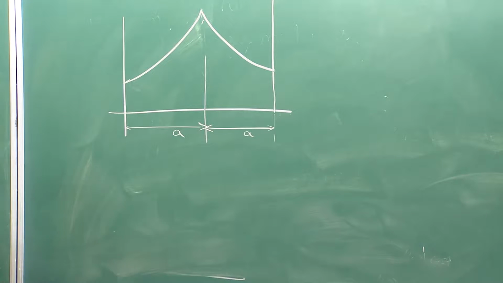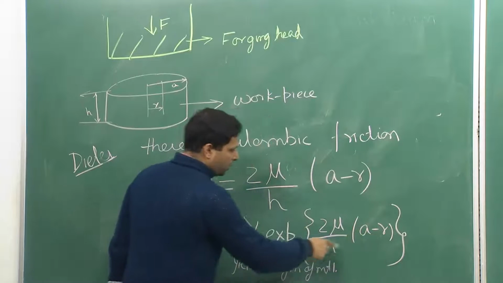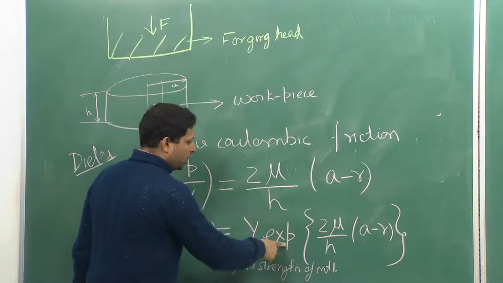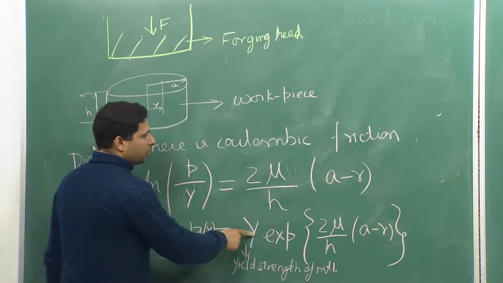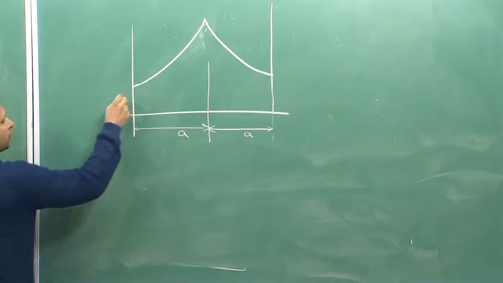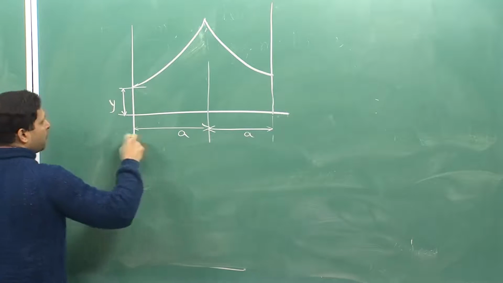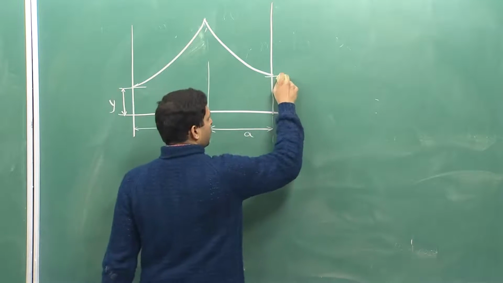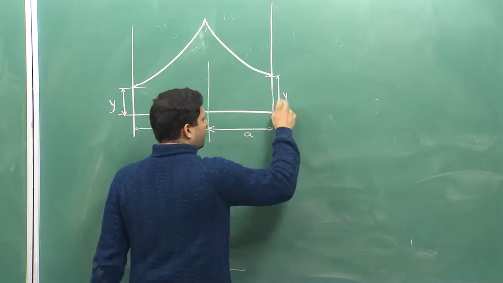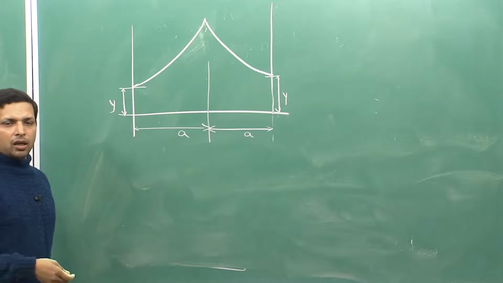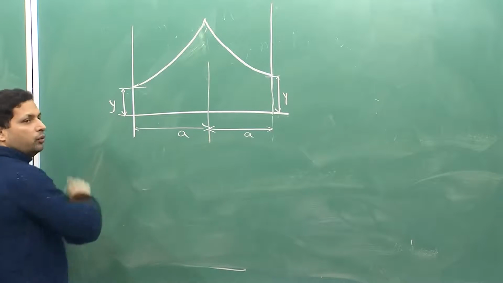and from here if you put r equal to A, that is on the ends, you would see that it becomes e to the power 0, which means pressure is equal to y. So, you know that at this extreme pressure is equal to yield strength y. So, when you are deforming, the minimum pressure at any particular point is equal to yield strength.